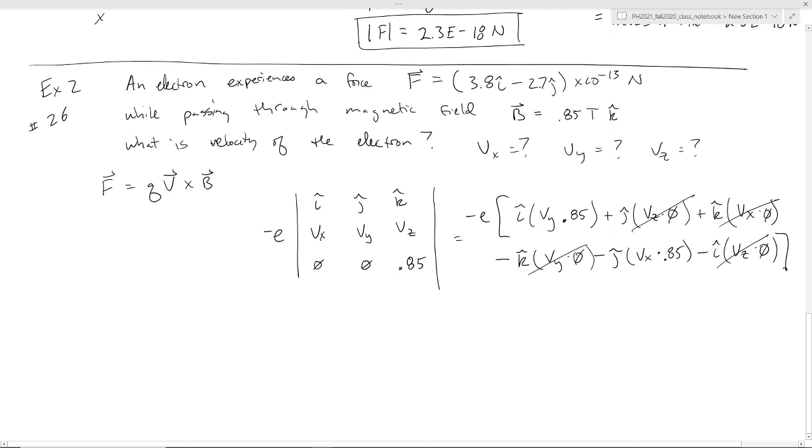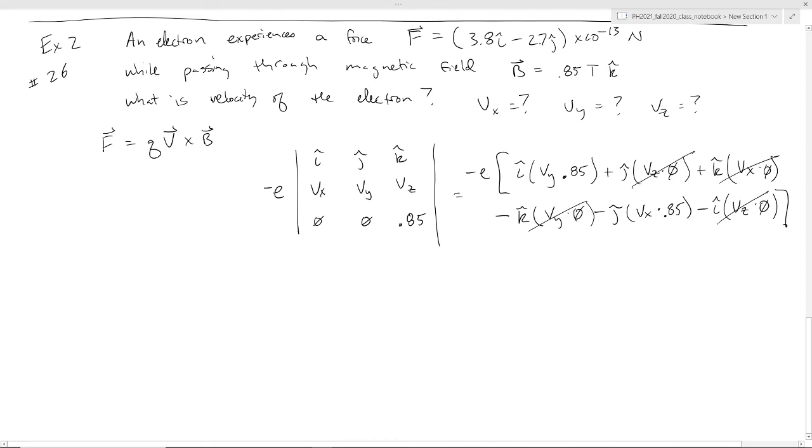So what are we left with? Let's write it out here. I'm going to rewrite the force that we were given: 3.8 times i hat minus 2.7 j hat, times 10 to the minus 13 newtons.